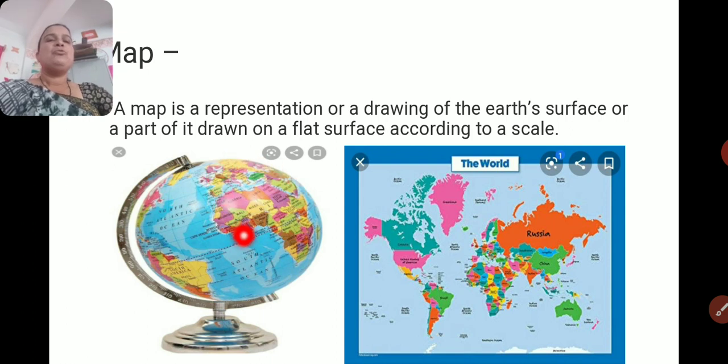Here you can see the places which are actually located on the earth shown on this globe. In that way, on a map, which is a flat surface, the places located on the earth's surface are shown on the flat surface. That is called a map.